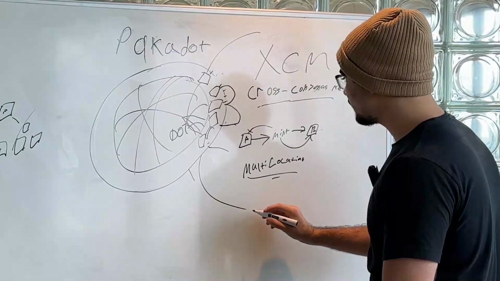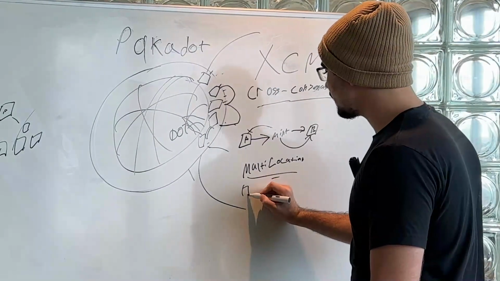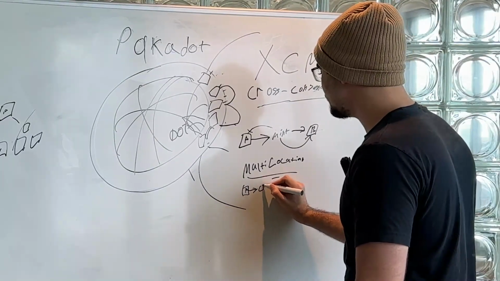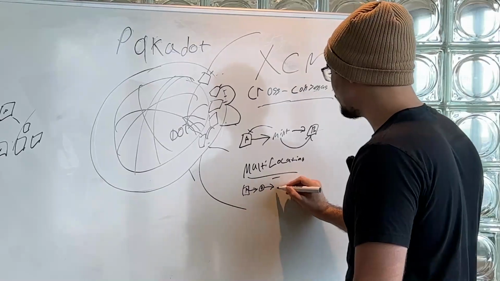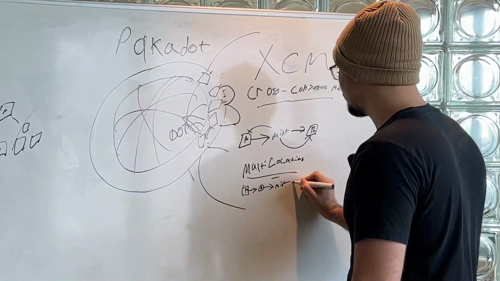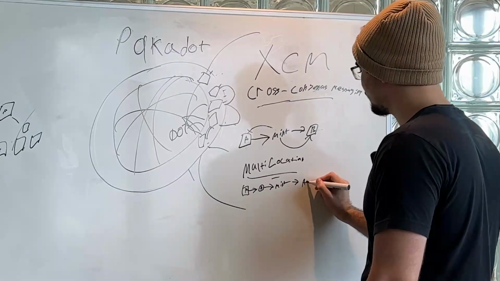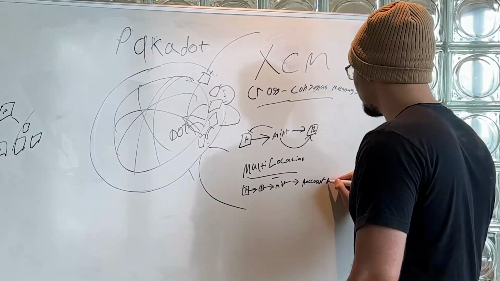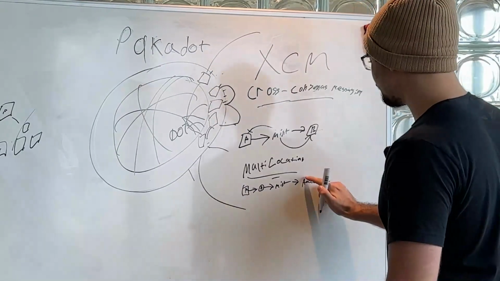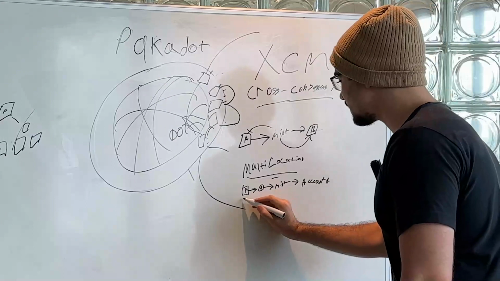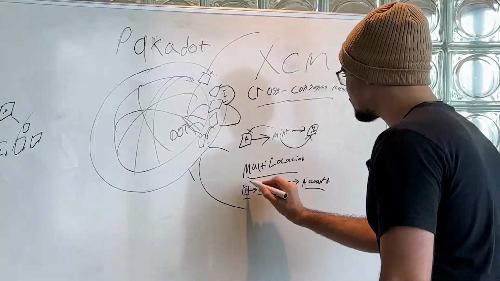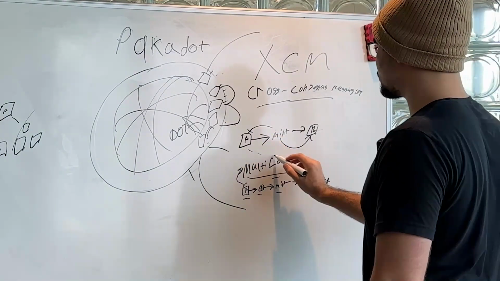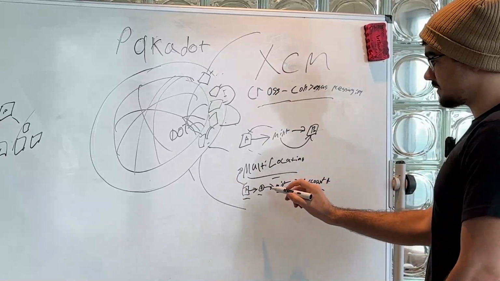So from parachain A, I might want to go to parachain B, where I might want to mint something to some account on parachain B. This would be a series of junctions which end up being this multi-location, and this sends that message to parachain B saying, here's a series of steps I want to execute.